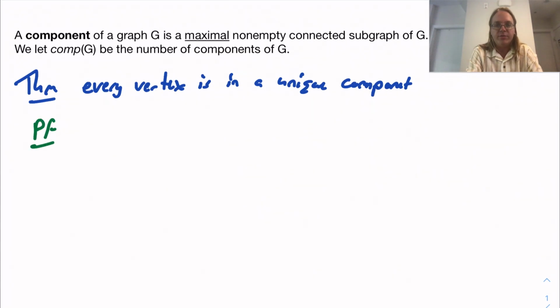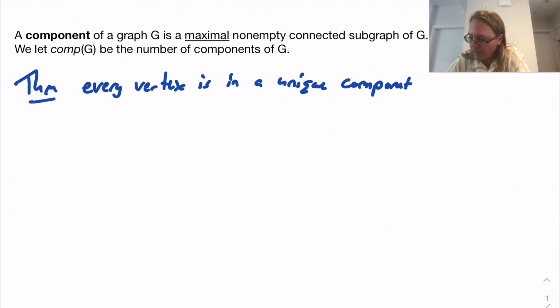So every vertex is in one and only one component. Let me just draw a picture of what's going on. When I hand you a graph, it might be connected, it might not be connected. Both are possible. If there's no explicit promise, we don't know.